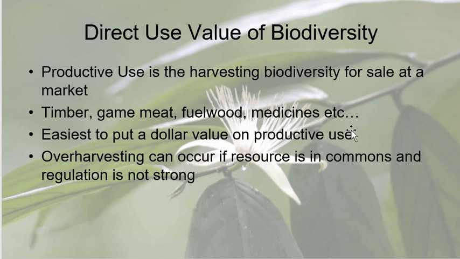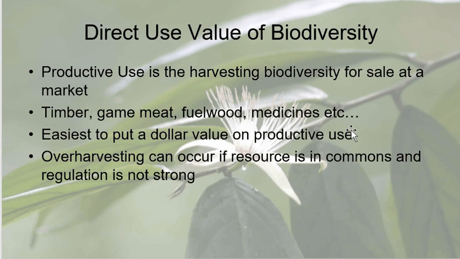So all of the products harvested for consumptive use can also be harvested for productive use. And it's quite easy to put a dollar value on productive use because you just simply need to visit the market and see what people are charging for the sale of that piece of biodiversity in the market.